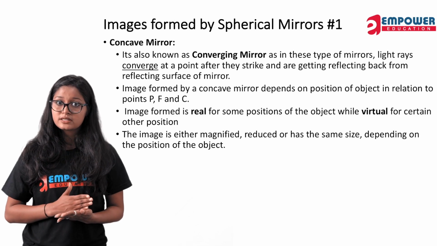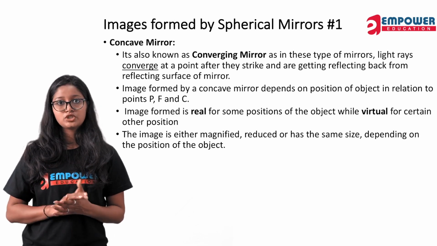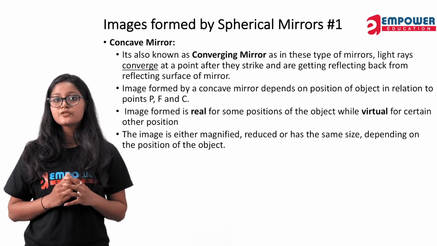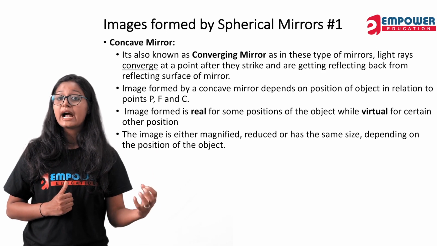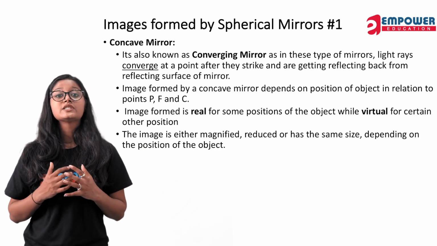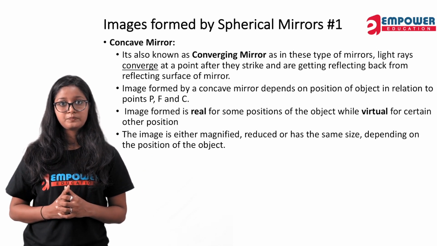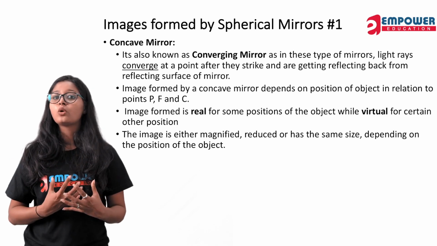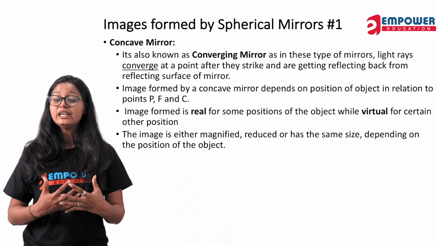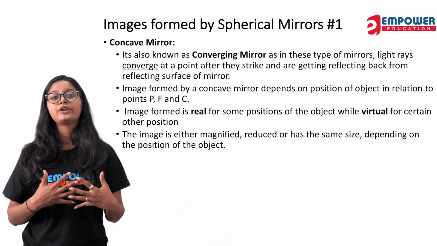Or if we place the object at the focal point, we will get a different image. Images formed by a concave mirror can be virtual at some positions as well as real for some positions. So this is how the images are formed by a concave mirror. And we are going to study this image formation with the help of a ray diagram.